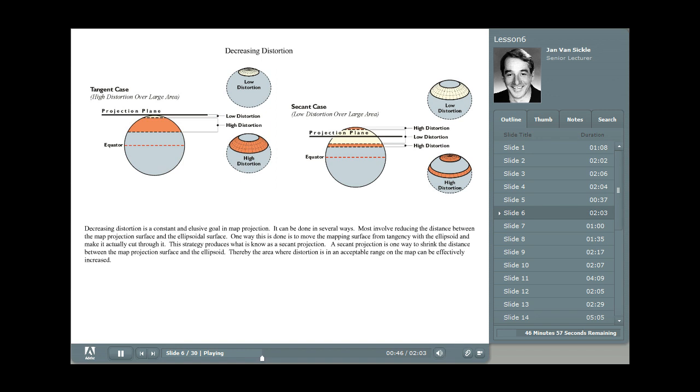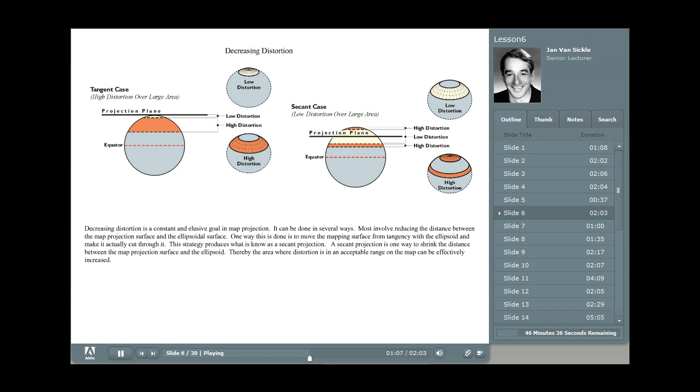However, if one takes the projection plane and cuts the Earth at two places rather than one point, now there's a larger area of relatively low distortion, because you can actually consider it the distance from the points on the Earth to the points on the plane.